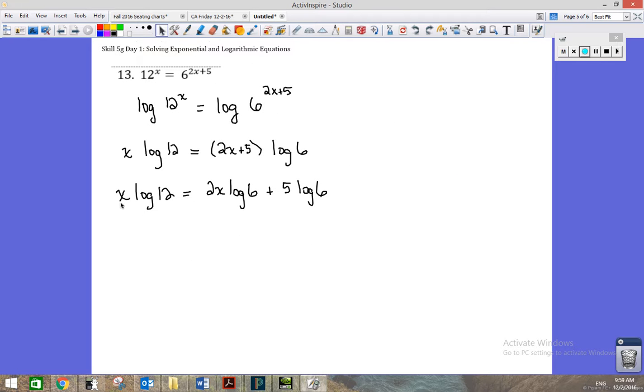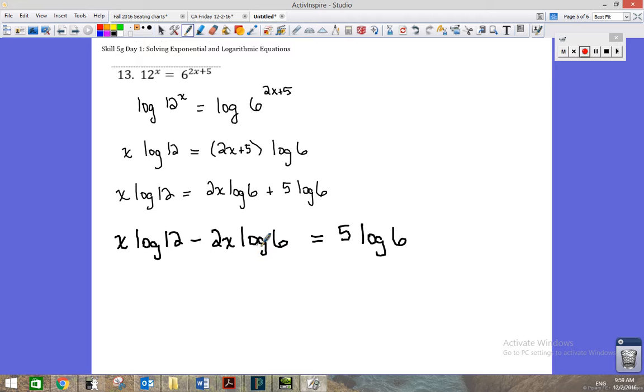On the left hand side I have a variable, on the right hand side I have a variable and a constant, so I'm going to subtract this first term from both sides of the equation. So on the left I get the term that I had originally minus this other term, and of course when I subtract it from the right hand side it cancels, it goes away, and I have just this constant.